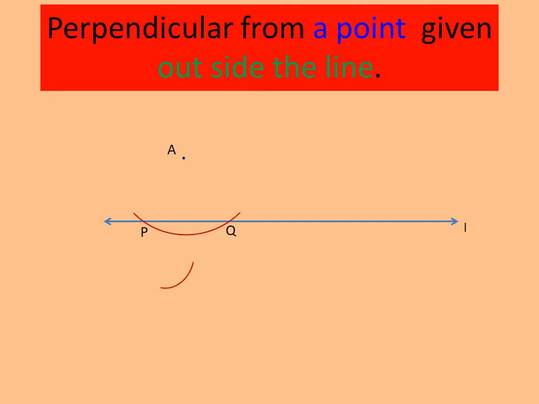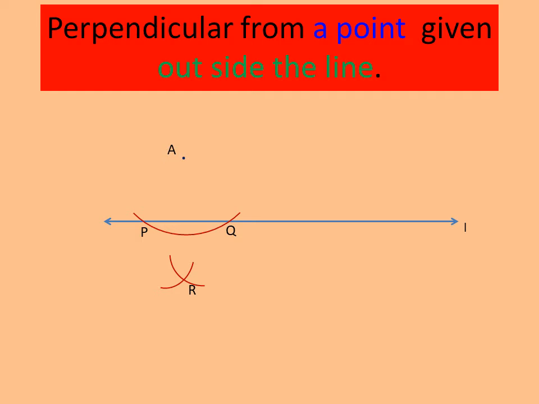With the same radius, without changing it, the nail of the rounder will go on point Q and draw an arc which intersects the previous arc drawn like this. The intersection of the two arcs we will name as point R.